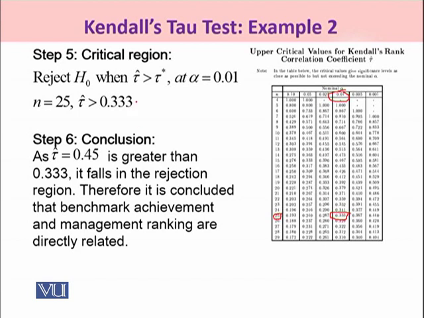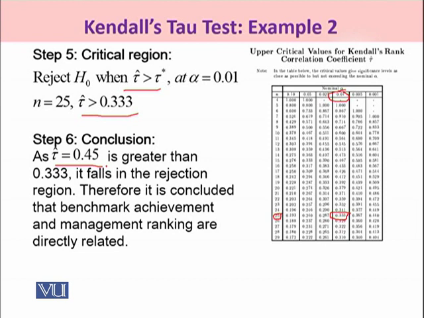So you need to reject H naught when Tau hat is greater than Tau star, because we were interested in calculating the direct relationship between the two variables. So Tau hat is greater than 0.333. As you can observe, the calculated value comes out to be 0.45, which is much greater than 0.333, which is our tabulated value.